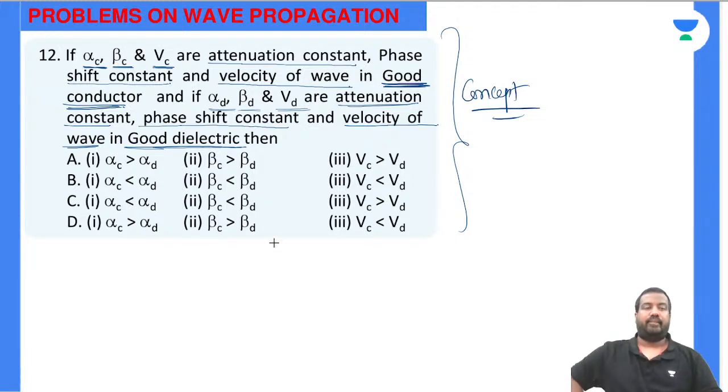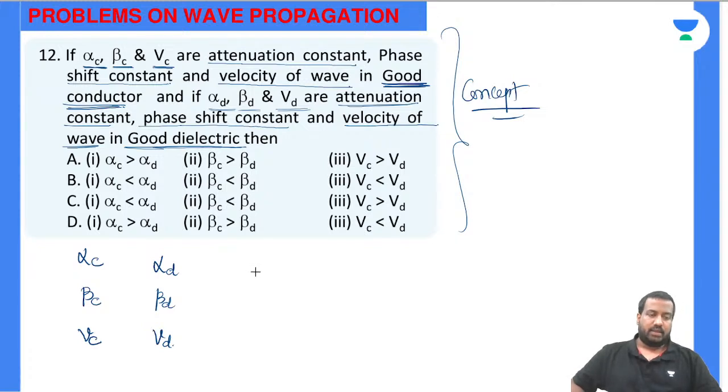Anyone? Alpha C, beta C and VC are attenuation constant, phase shift constant and velocity for good conductor. Alpha D, beta D and VD are attenuation constant, phase shift constant and velocity for good dielectric. Which of these statements are true?